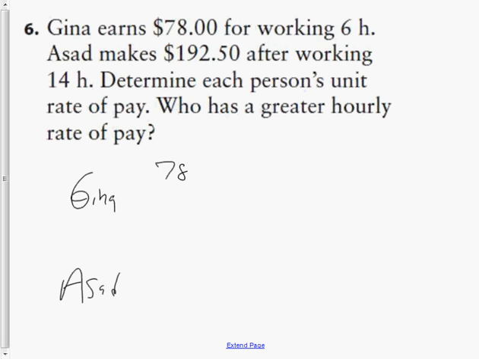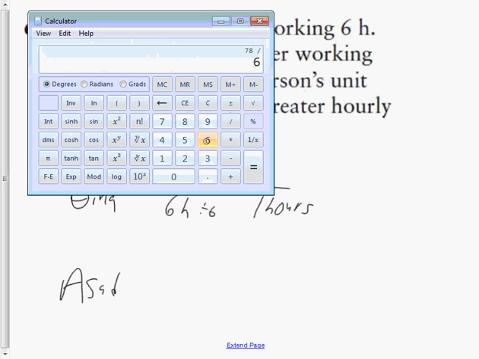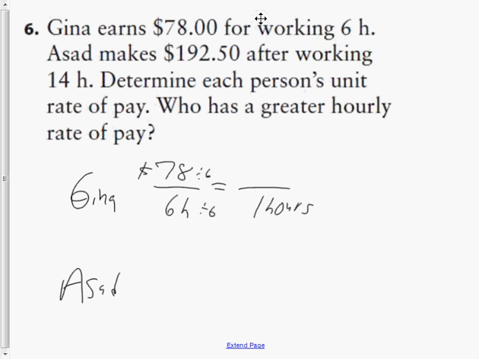So Gina is $78 for 6 hours, which means if I divide both by 6, it would be 78 divided by 6, which is $13 per hour. So Gina would make $13 per hour.